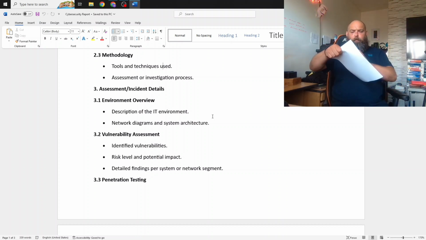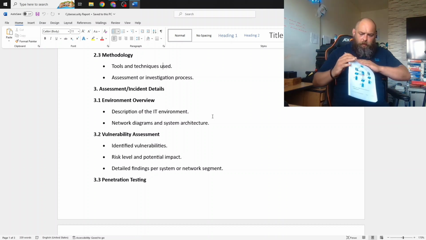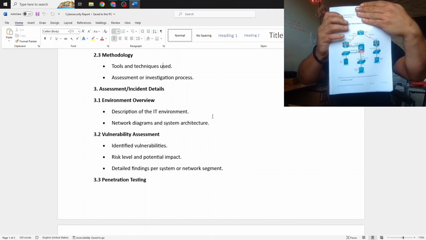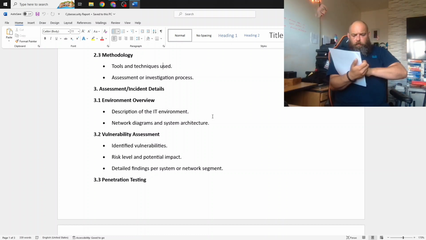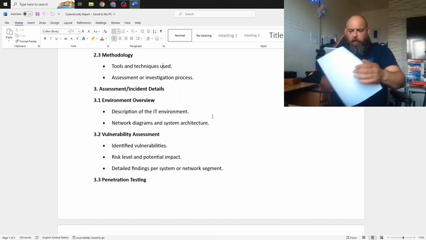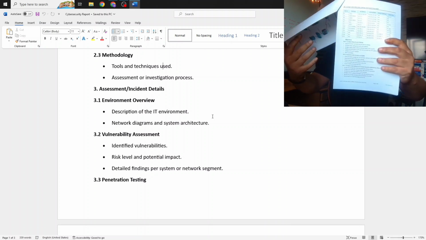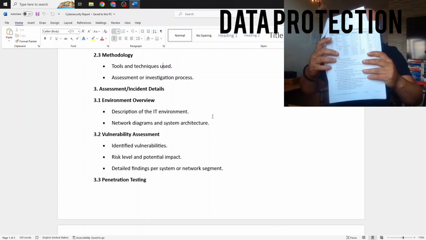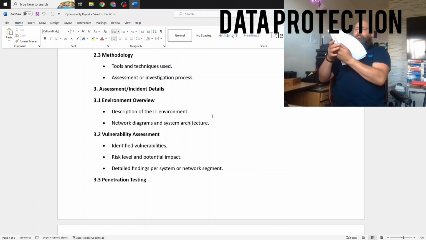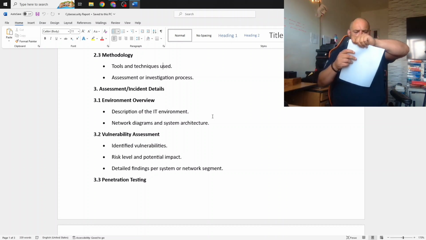Such a document would look something like that. And it would have an IP address schema in there as well. Now this is a lab sheet from a Cisco lab.